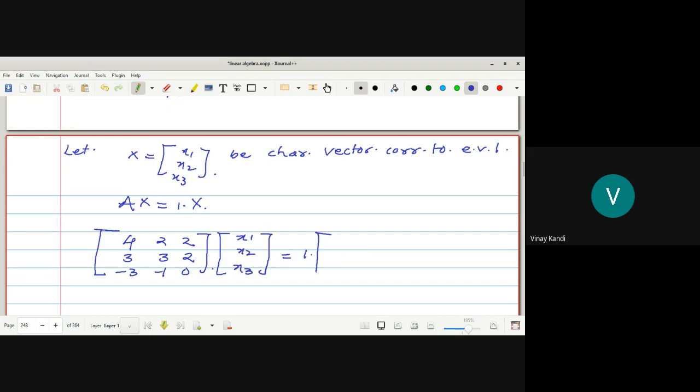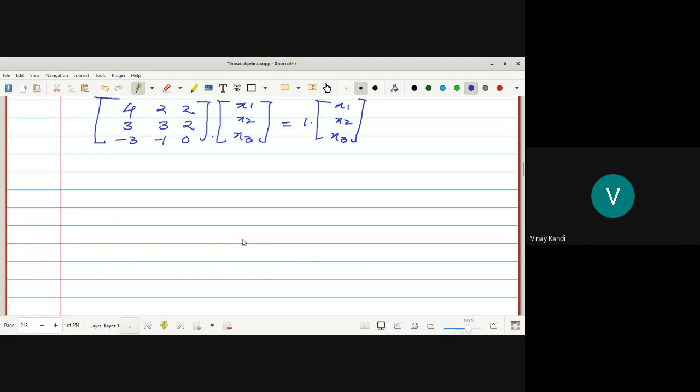Now tell me the three equations. We have to find the values of x1, x2, x3. This implies 4x1 plus 2x2 plus 2x3 is equal to x1. So this implies 3x1 plus 2x2 plus 2x3 is equal to 0.